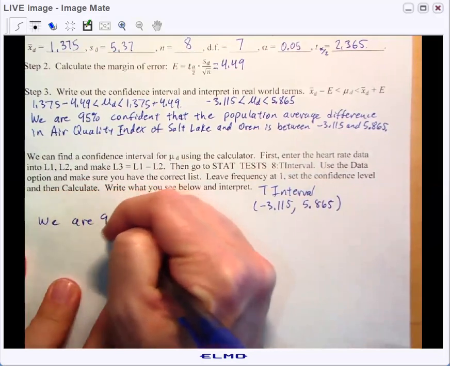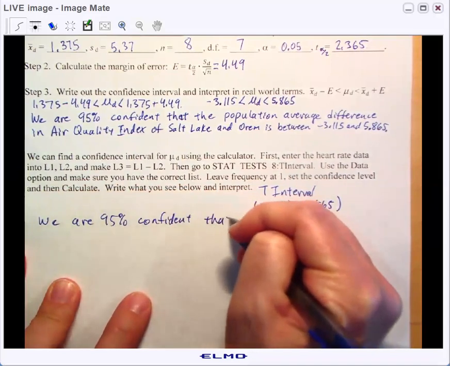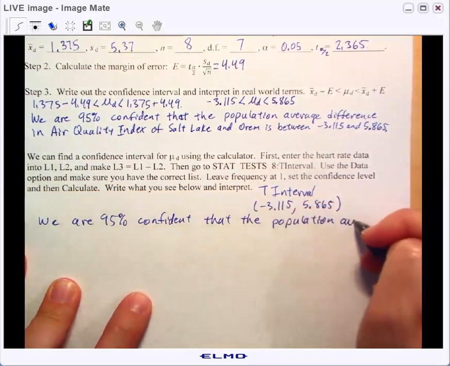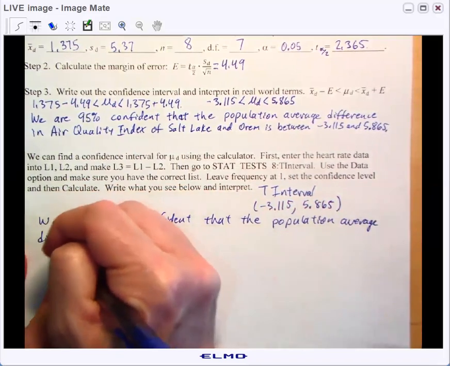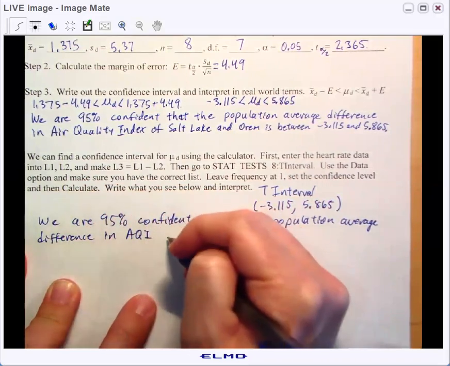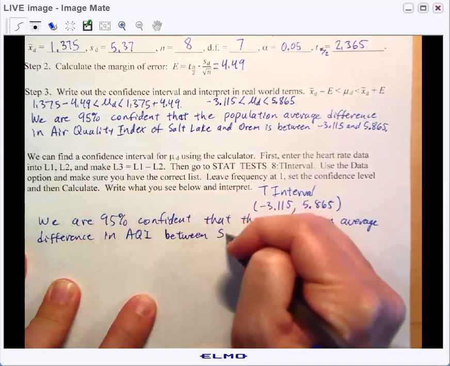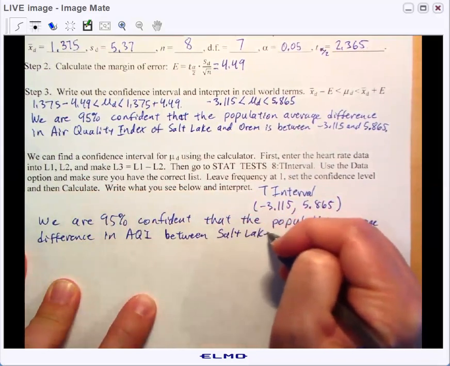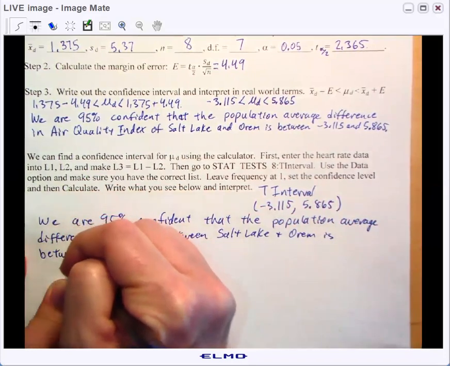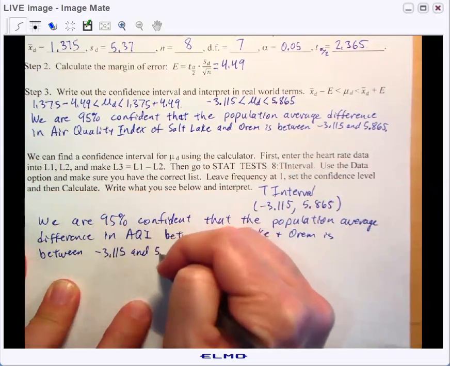We are 95% confident that the population average difference in air quality index between Salt Lake, since we chose Salt Lake first, and Orem, Utah, is between negative 3.115 and 5.865.